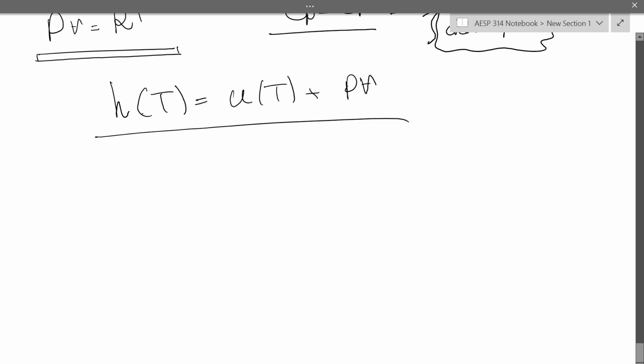We are dealing with an ideal gas, so your enthalpy and internal energy are only going to be a function of temperature. So that's actually very important to know. For an ideal gas, enthalpy and internal energy are only going to be a function of temperature.